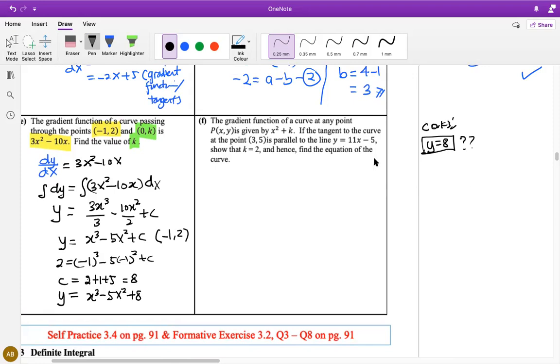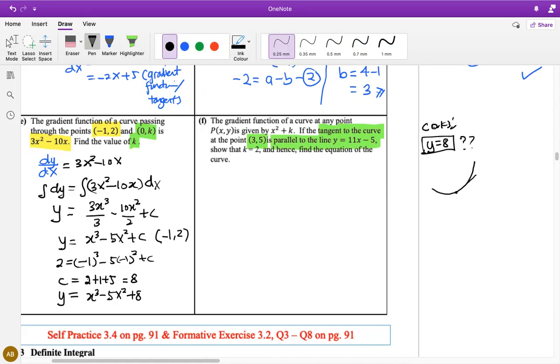So what should we do? So here the very important information is this. Tangent to the curve at 3 is parallel, right? So therefore, that means if I draw the curve, I simply draw a curve.